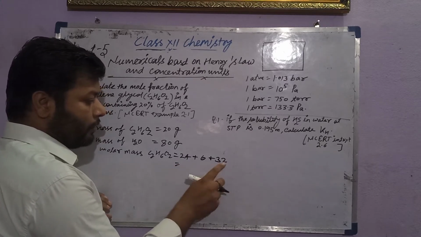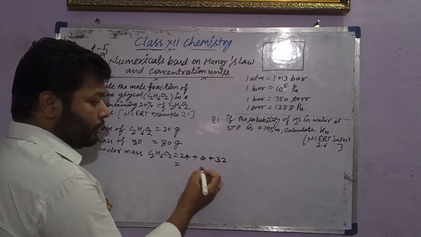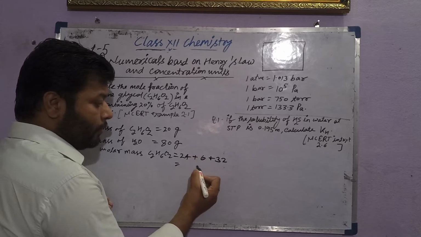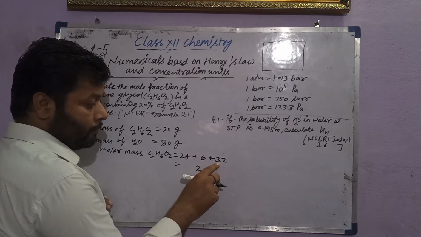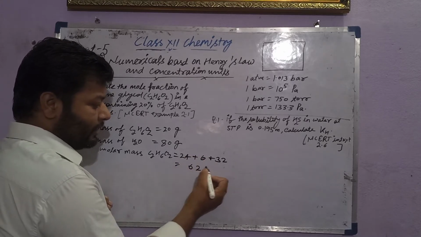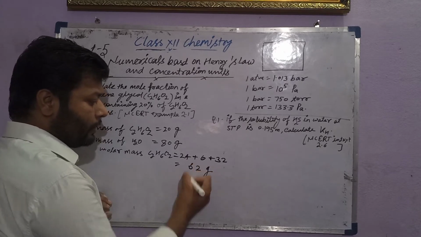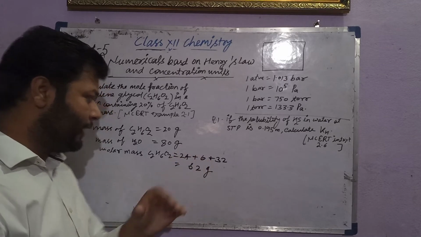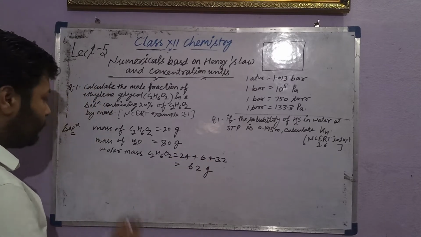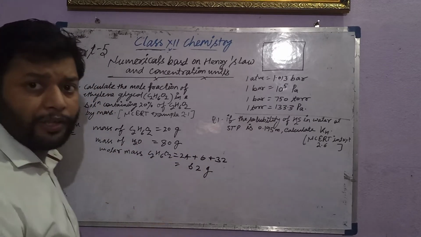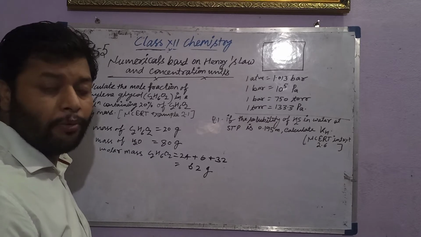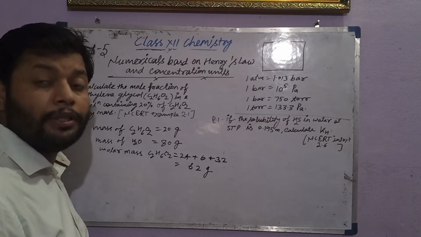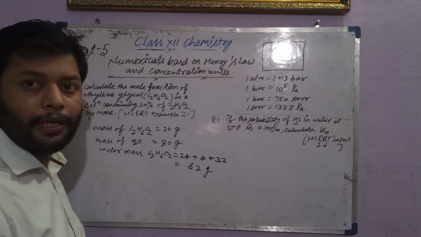So when you solve, 6 plus 8 is 14, 6 plus 8 plus 4 is 12, 1 carry 3, 1 4 2 6. I think 62 gram will be there. I think molar mass will be 62 gram. So you can calculate on your own also. Molar mass of water you know. Tell me, molar mass of water is 18 gram.